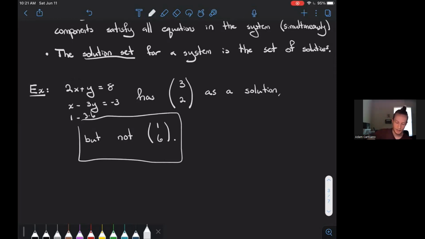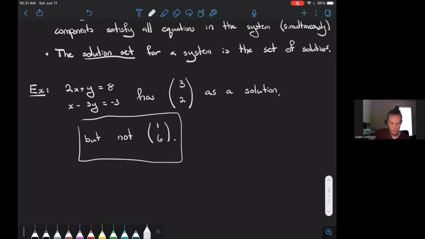And so (1, 6) is not a solution to the entire system of linear equations, because it has to satisfy all equations simultaneously. Now, if we play that game with the vector (3, 2): 3 times 2 is 6, plus 2 is 8. So that's good. (3, 2) is a solution to the first equation.